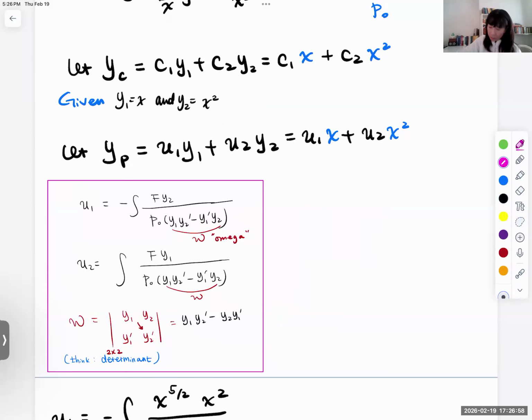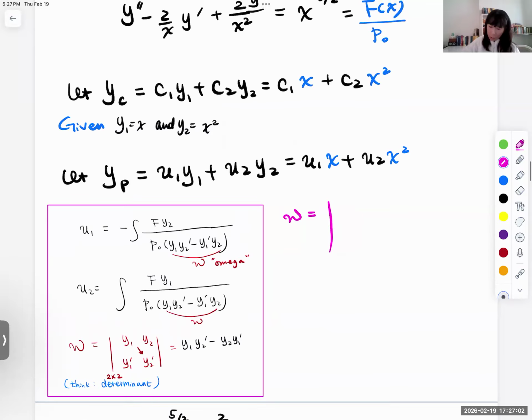Omega will be y sub 1 equals x and y sub 2 equals x squared, y sub 1 prime, which is 1, y sub 2 prime, which is 2x.